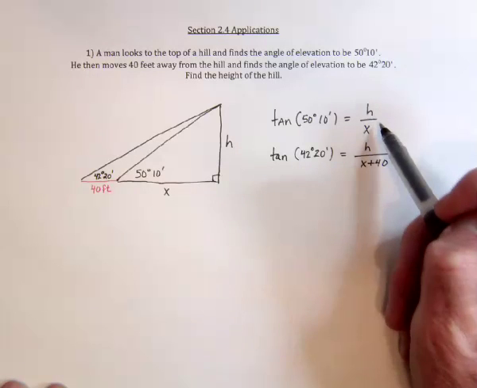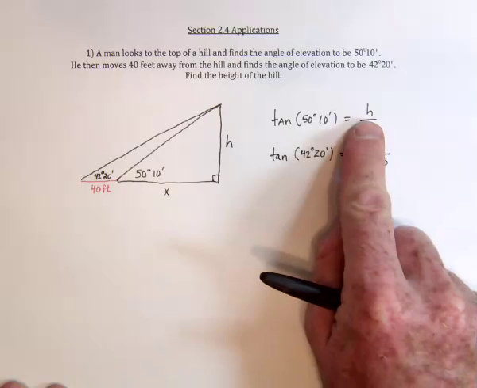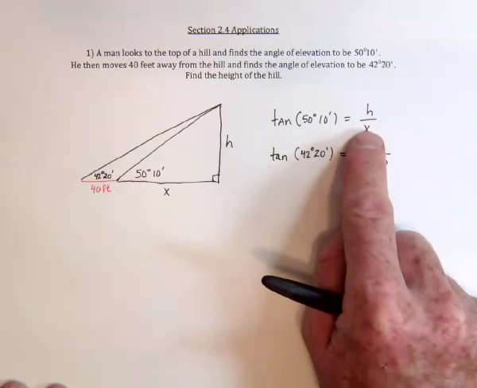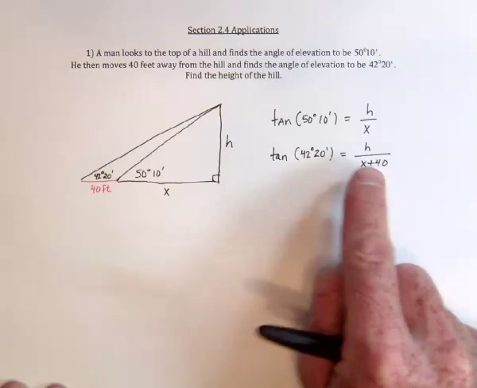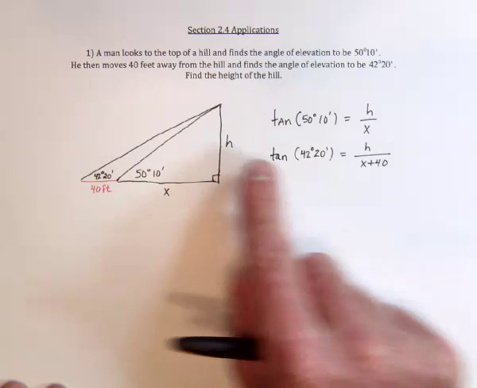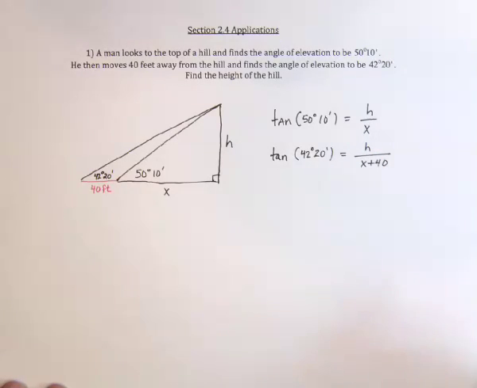Okay, now we have two equations with two variables. Just so happens they both have h in the numerator, so what I could do is multiply both sides by x here, multiply both sides by x plus 40 here, and then it will be solved for h. Once they are both equal to h, then I can set them equal to each other.